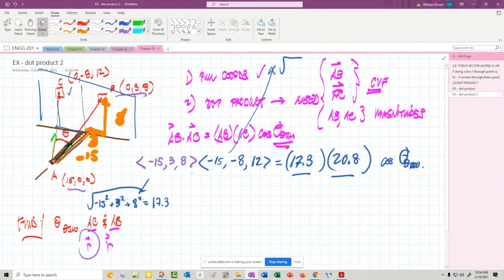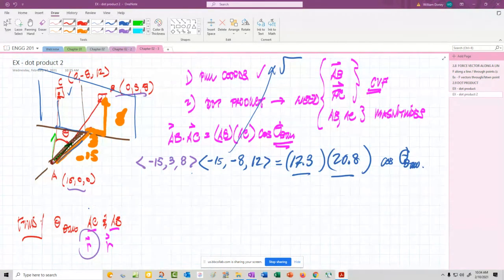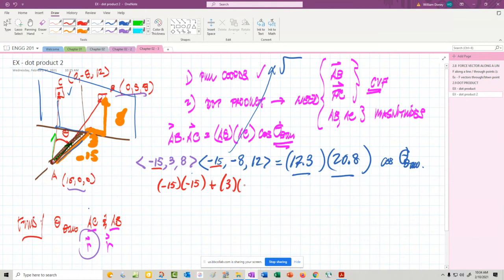All right, so on this side, we still have to do the dot product. I'm going to get rid of that just so we have a little room. There's our dot product equation basically set up, ready to go. We want to dot those on the left side of the equation. So we're doing minus 15 times minus 15, the x times the x, plus the y times the y, which is 3 times negative 8, plus then we have 8 times 12.